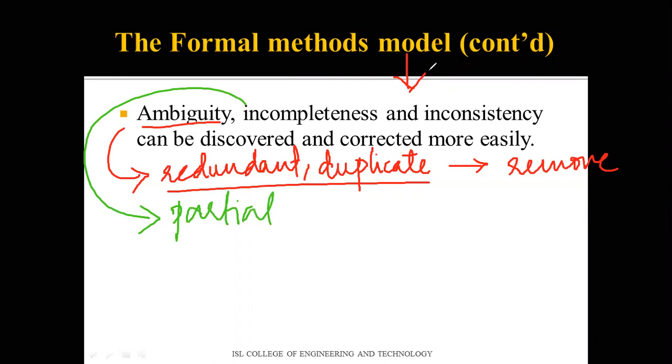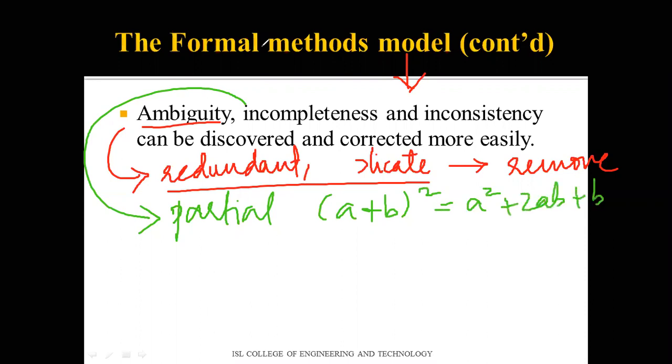Now if you need to prove what is (a plus b) whole square, it should be a square plus 2ab plus b square.